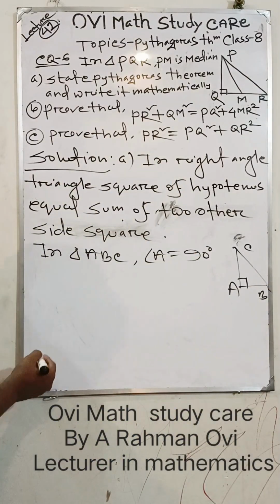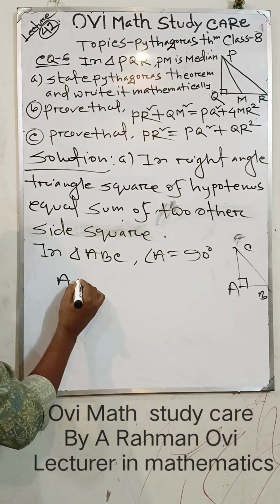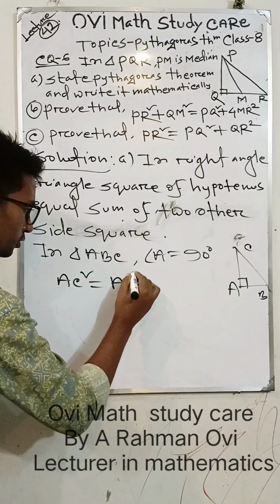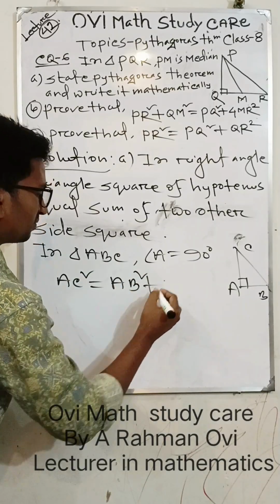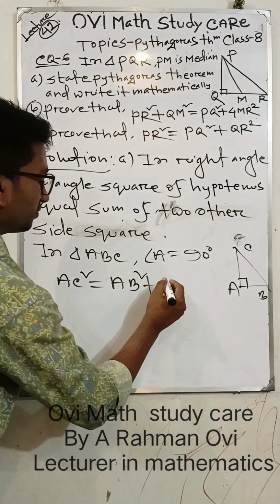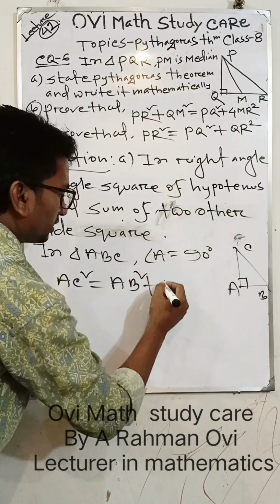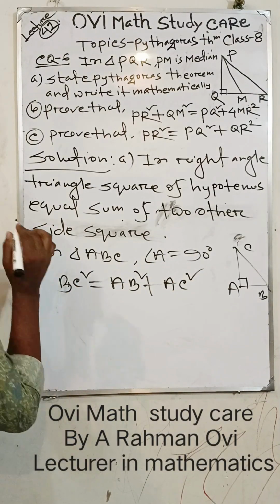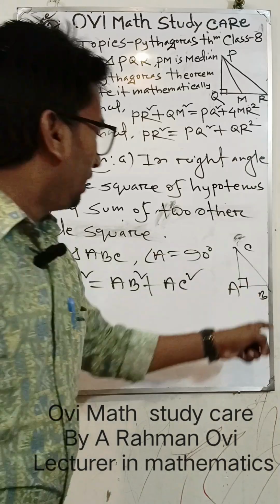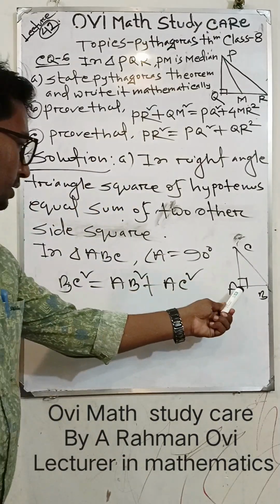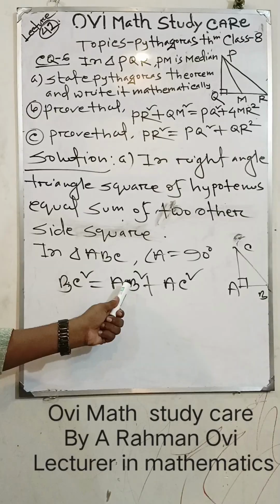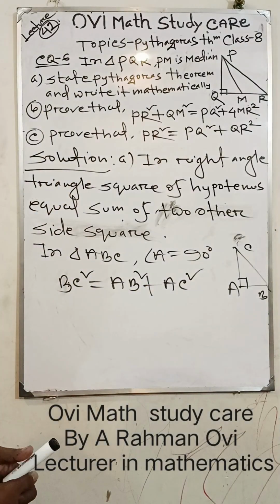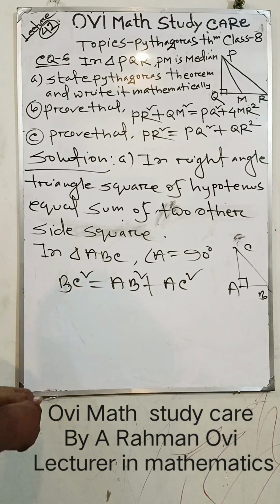So you can write mathematically AC square equal to AB square plus BC... that means it will be BC square. In right angle triangle ABC, BC square equal to AB square plus AC square. This is the mathematical statement. So our first question has been solved.